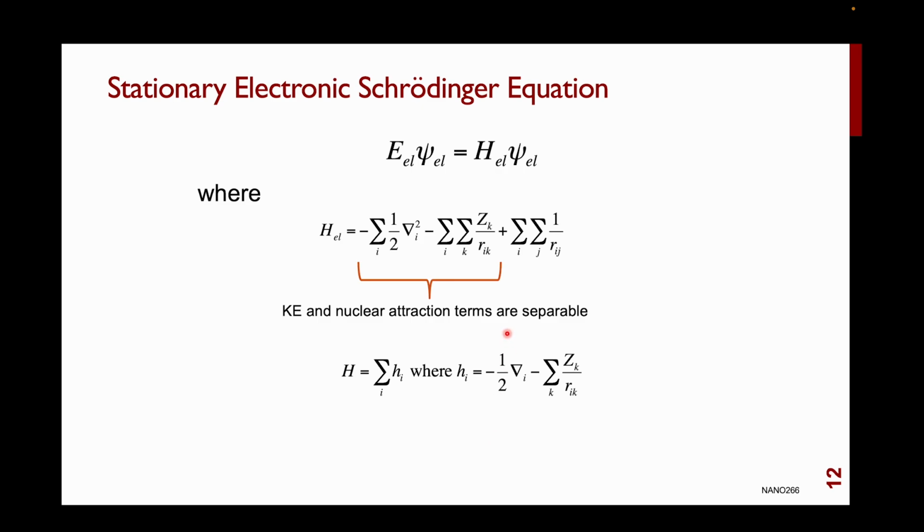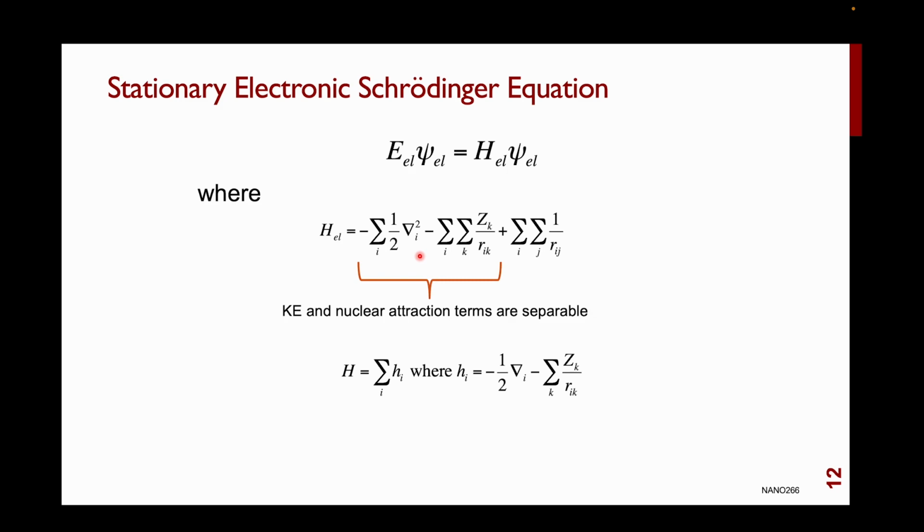This basically gives this equation over here. What you notice immediately is that the kinetic energy term and the nucleus-electron term are separable. We are going to worry about this last term, the electron repulsion, later. We are just going to think about the kinetic energy term and the nucleus-electron attraction term, and you can see that this is separable.